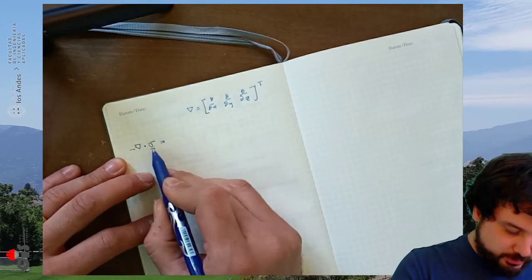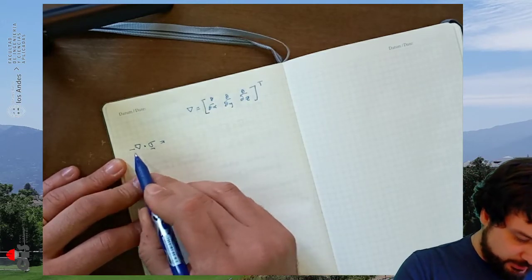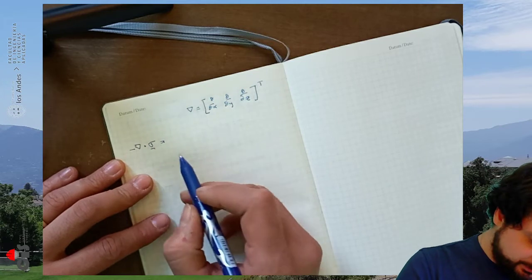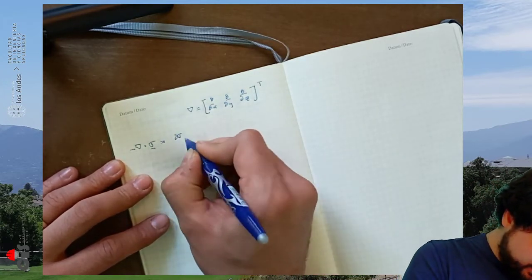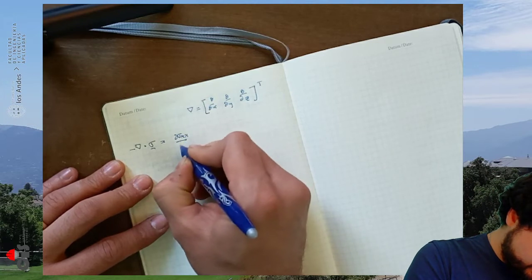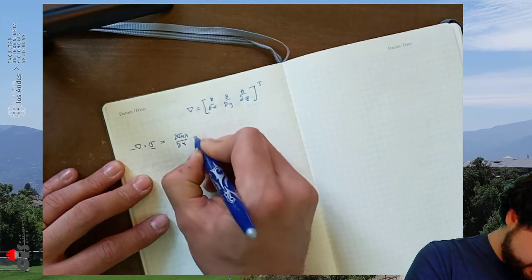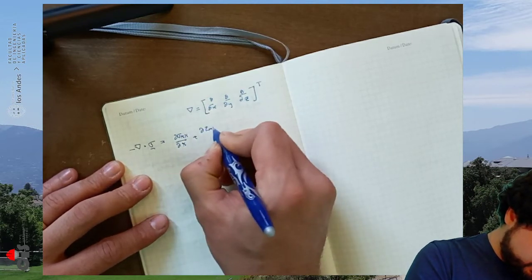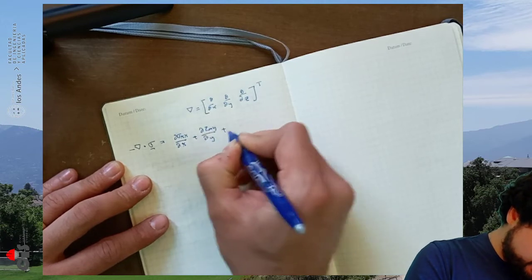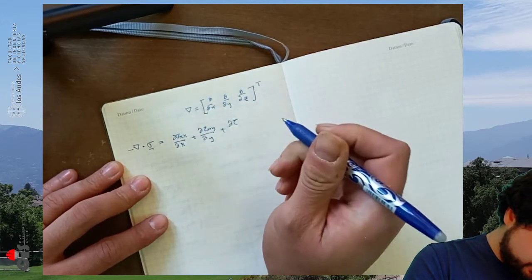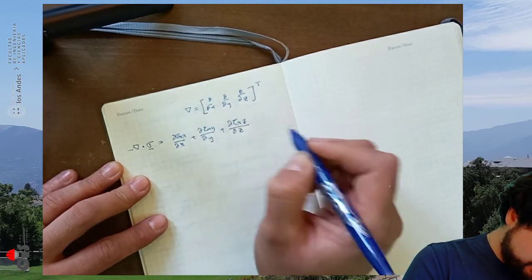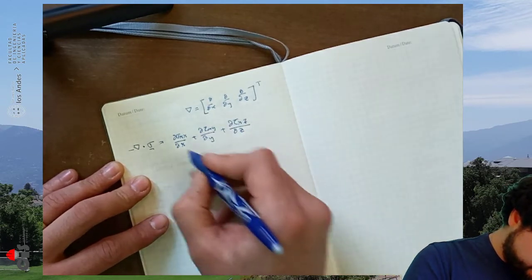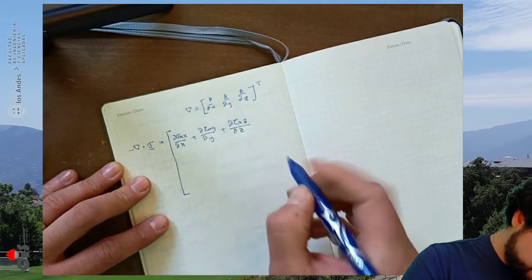So the internal product with the stress tensor would give you something like d sigma xx over dx plus d tau xy over dy plus d tau xz over dz. That's for the first component.